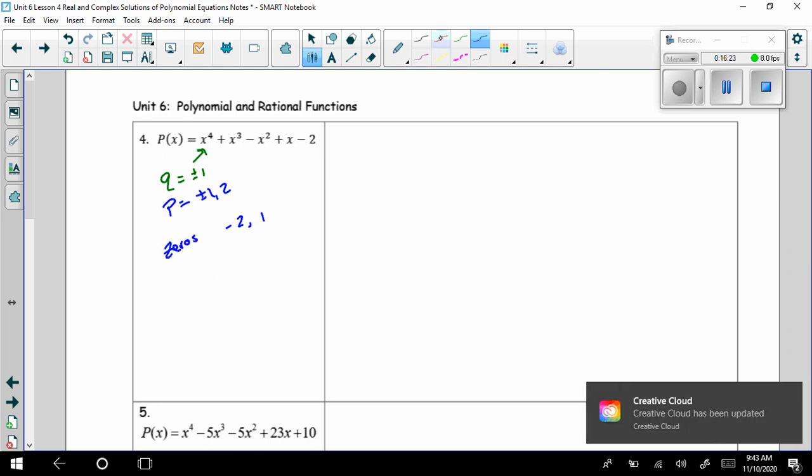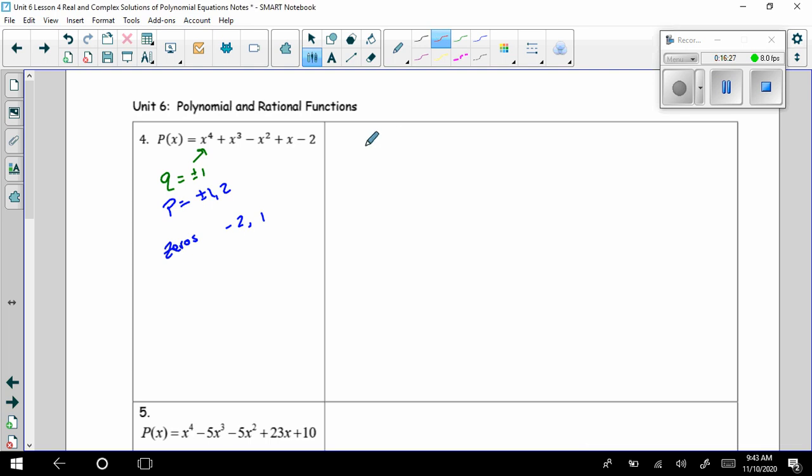So you pick one of those, which you set up synthetic division with. So I'm just going to start with -2. And so I have 1, 1, -1, 1, -2. I don't need any placeholders with this one because I have all of my terms counting, starting with the x to the fourth all the way down.